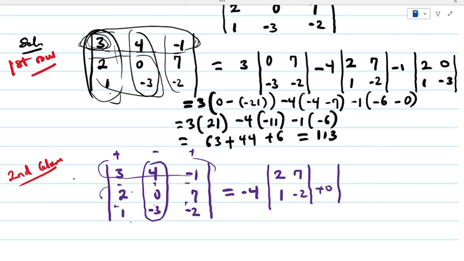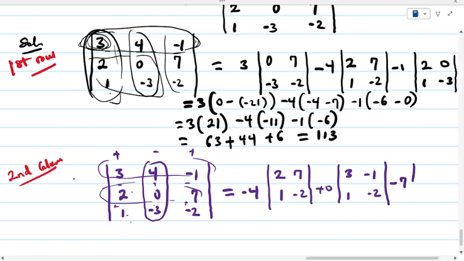Then if I cover this second row, I'm left with 3, 1, minus 1, minus 2. Then the last element, that's minus 3, and the position of minus 3 here is negative, and that negative will affect this negative.